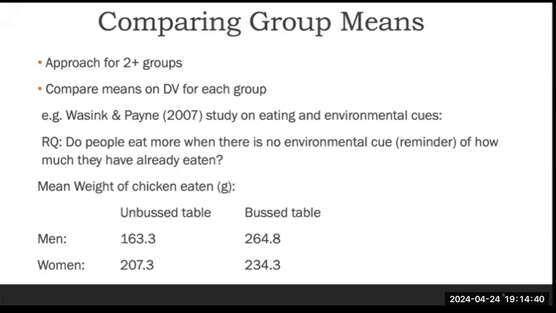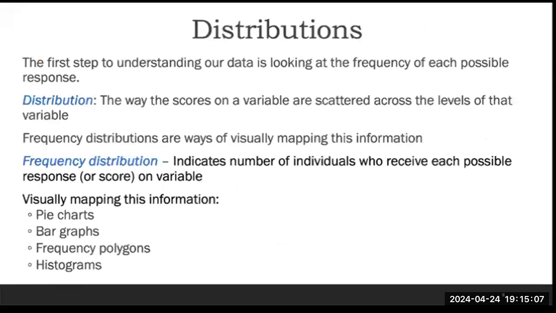Women ate an average of 207.3 grams of chicken wings on the unbussed table, and also increased with the bussed table, but not as much as the men, right? So men, when they didn't see the cues, ate a lot more than the women did. So it's kind of interesting. So here's an example of where we're comparing group means. So you don't need really complicated data to get an understanding of people's psychology. And that's what's really important to take away.